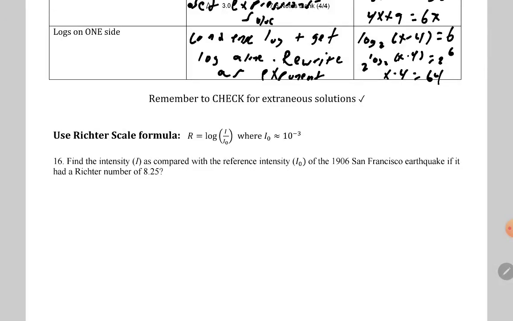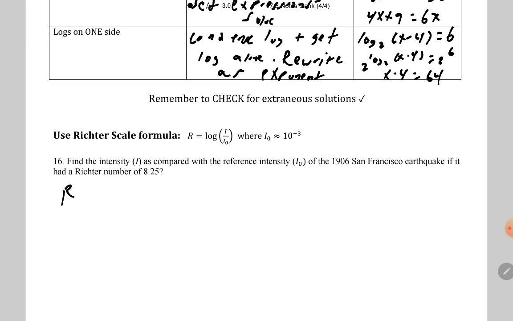Use the Richter scale formula. So find the intensity I. So there's our Richter scale formula there. Find the intensity I as compared with a reference intensity, I sub 0, or initial intensity, of the 1906 San Francisco earthquake if it had a Richter number of 8.25.